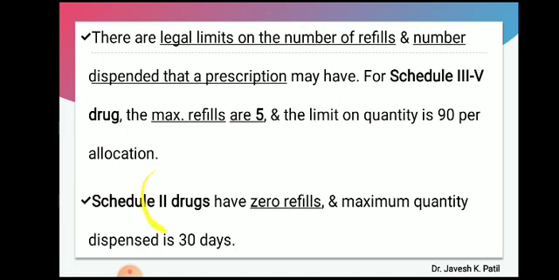There is no possibility of refill for schedule 2 drugs. It is compulsory for the patient to go to the physician or doctor and get a freshly written, or newly written, prescription. Hence it is said to be zero refill with schedule 2 drugs.